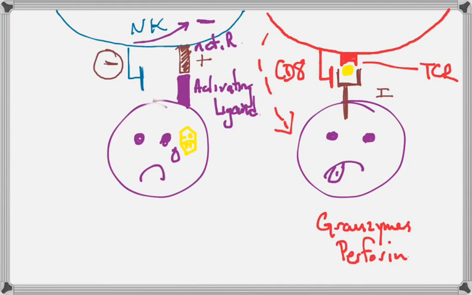And so instead of this overpowering inhibitory effect on the NK cell, what we get instead is this overpowering activation of the NK cell. So it's actually the absence of the MHC1 that turns on the NK cell.